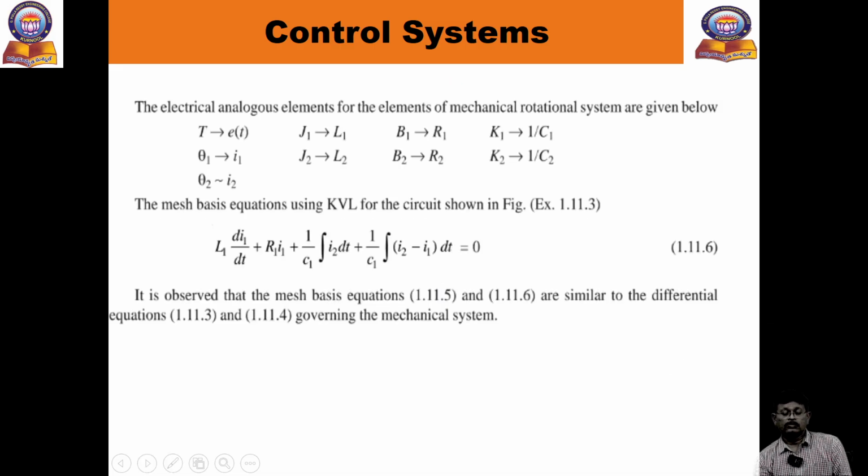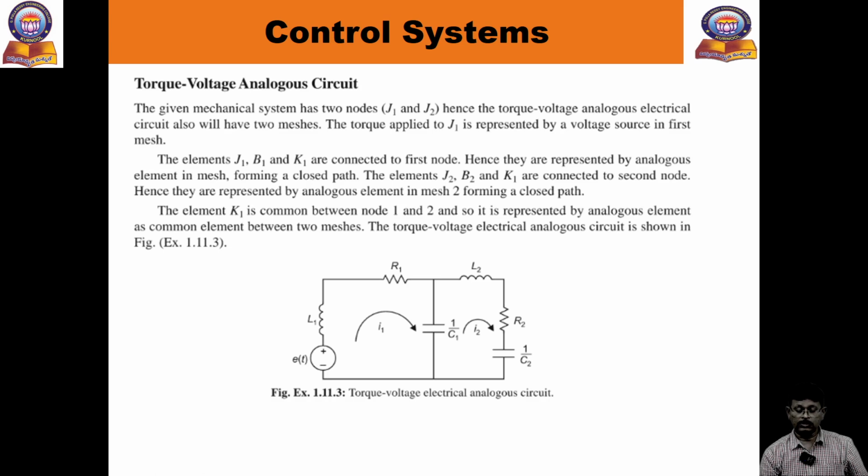Now take the first one, the torque voltage analogy. Here T equals voltage, that is EMF, J1 is L1, B1 is R1, K1 equals 1 by C1, theta 1 is I1, theta 2 is I2. So you are taking the electrical analogy. Now apply KVL. So this is the torque voltage equation.